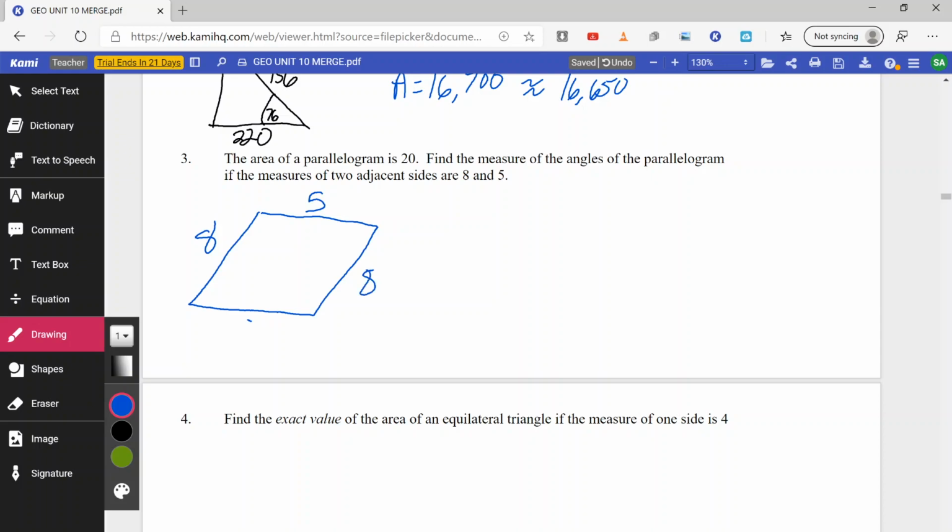So this side is also 8 and that side is also 5. So we need to find the measures of these angles. What we can do is split it up into two. If we cut it in half, we know the area of each triangle, in this case, is going to be 10.